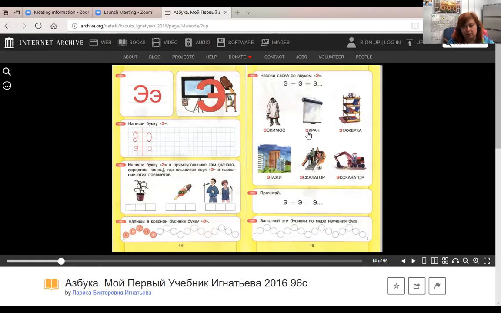Screen, экран, экран. Этажерка, some kind of shelf unit. Stories, этажи. So how many stories are in this building? Сколько этажей в этом здании? Этажи.